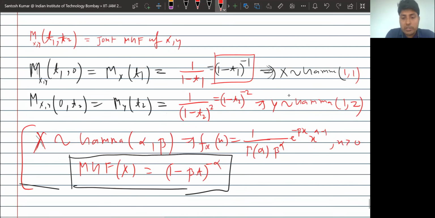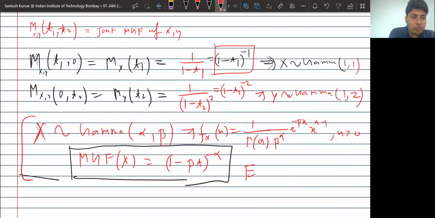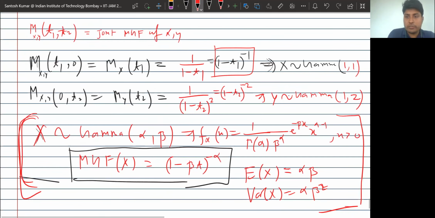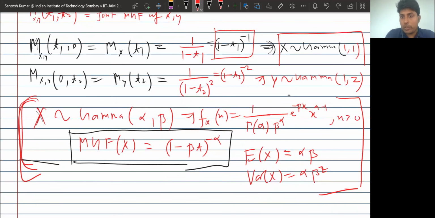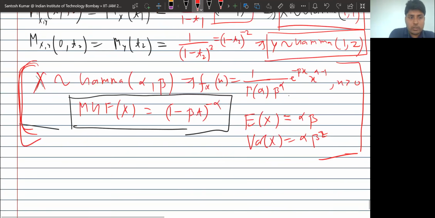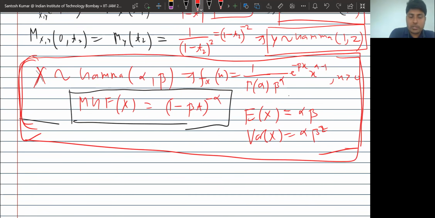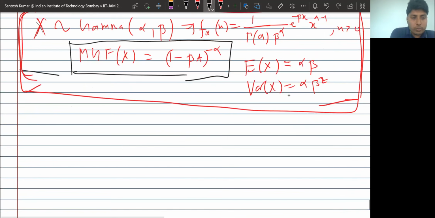So in that case, what is the mean? If you find E[X], this is the formula: it will be alpha beta, and the variance will be alpha beta square. So this formula helps us to find the means of X and Y individually. So using this MGF, X is gamma 1 1, Y is gamma 1 2. This is just for helping you from the question perspective.